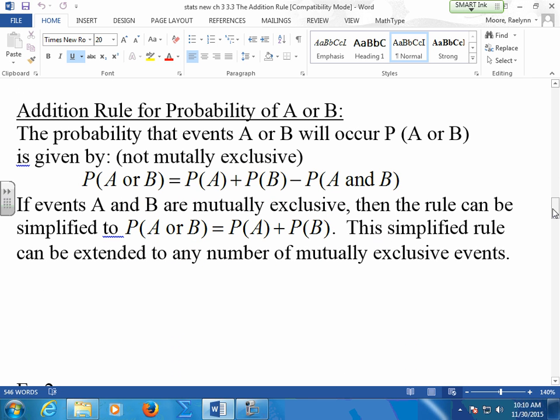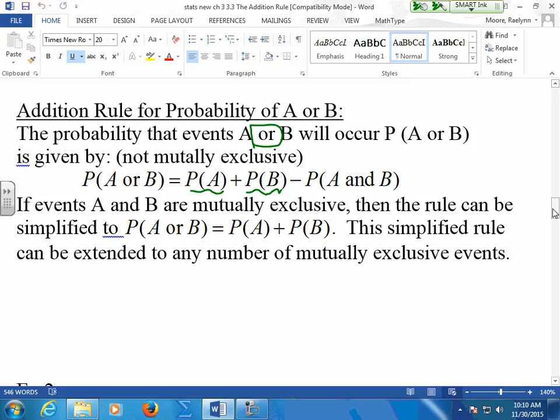Okay. Now, here's where the addition rule comes in. The addition rule we use for an or statement. The event that A or B will occur. So we write it like this. The probability of A or B is the probability of A by itself plus the probability of B by itself.